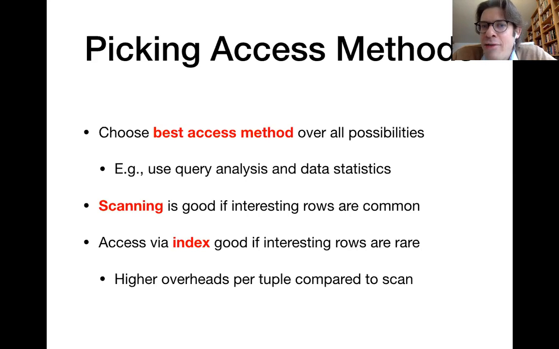On the other side, if the predicate in a where clause is not very selective, meaning nearly all of the rows satisfy the predicate, or if I don't have any predicate in the where clause altogether, then I will just scan the data, assuming that it is not ordered. So if we make the list of all possible access methods, then we can choose the cheapest one using methods such as the ones in query optimization that we have seen previously.